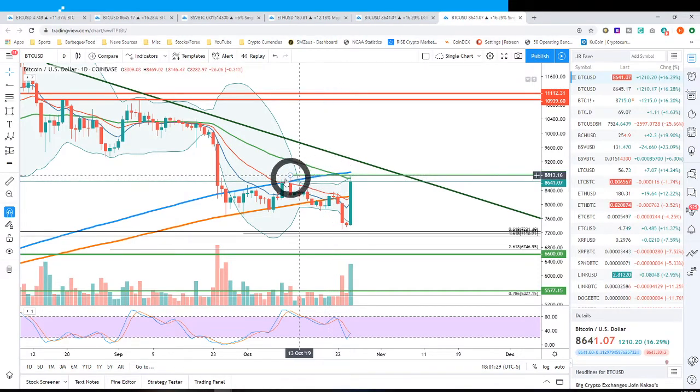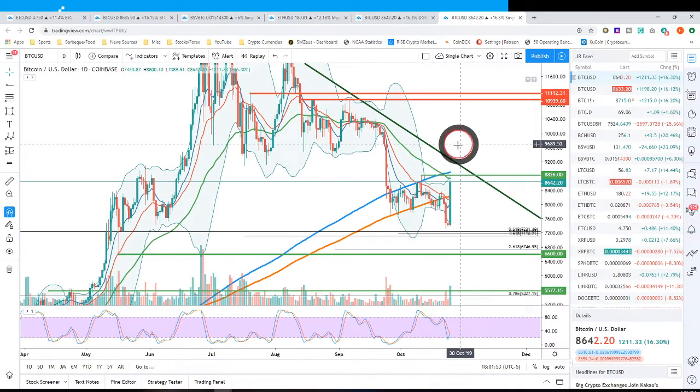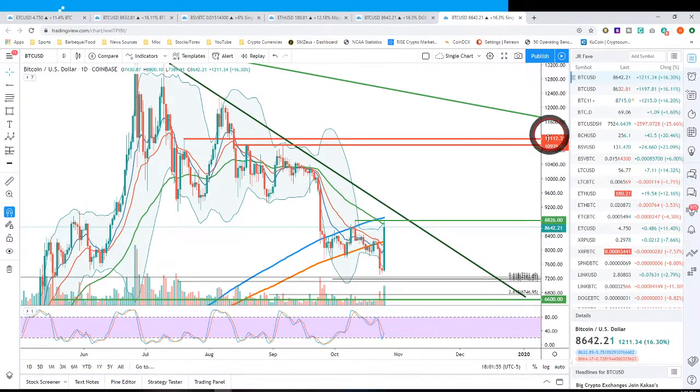We've got this area right over here with the wick out top at 8,800 to 8,900, maybe 9,000. That is a big area to get through. If it can break through this, there's still one more piece of the puzzle left, and it's this downtrend line. And if I expand out, you'll see it.